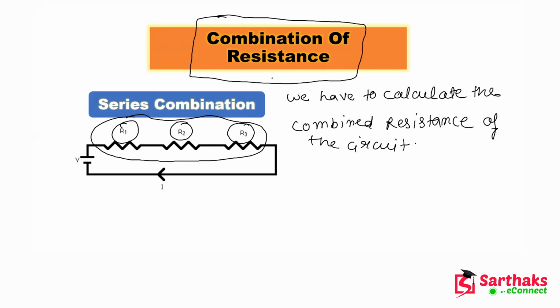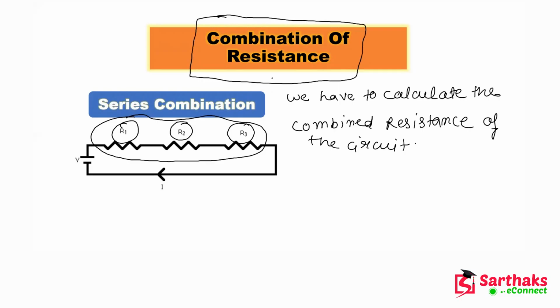It is very simple. In series, the current remains the same in the circuit, but the voltage is different in each resistance.